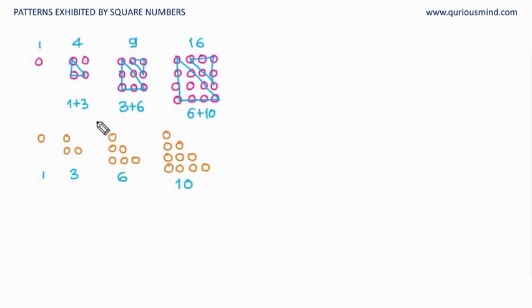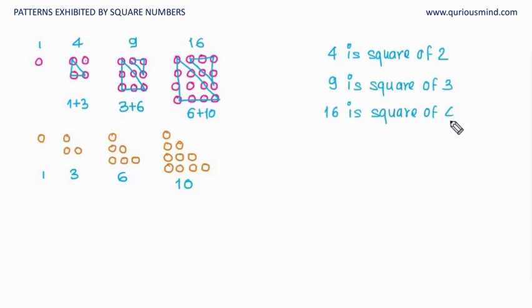If you see that 4 is the square of 2. So we go to the second triangular number and we add one previous triangular number to that.